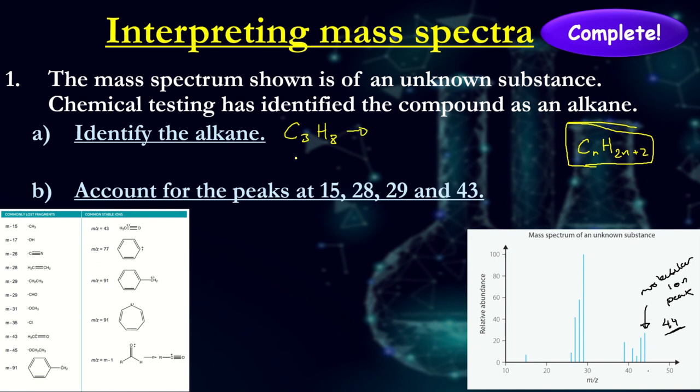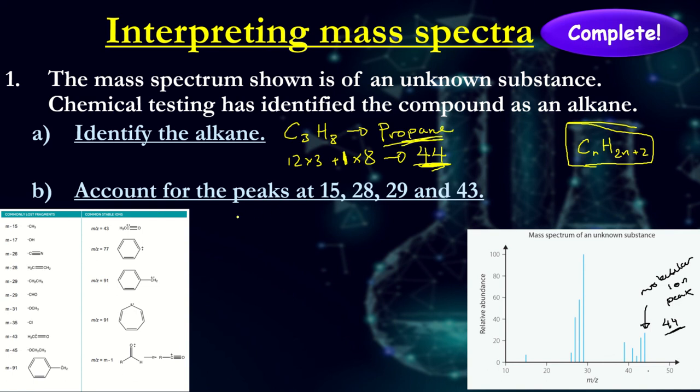We know that carbon is roughly 12, so 12 times 3, plus hydrogen, which is about 1 times 8. That equates to a number very close to 44. So that is the alkane that we have. That's propane here.